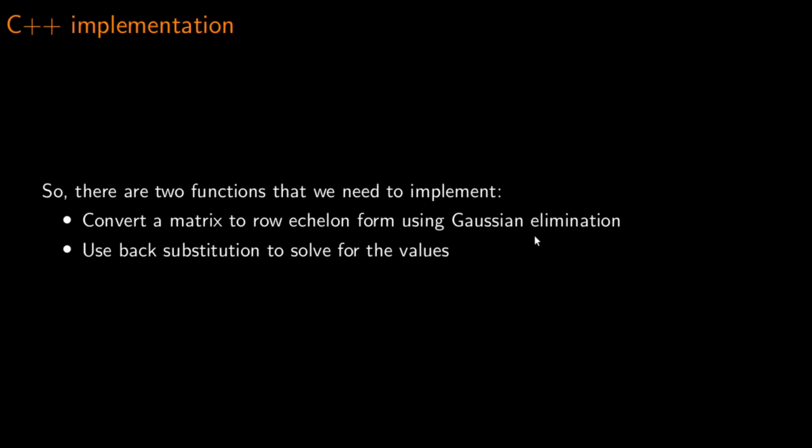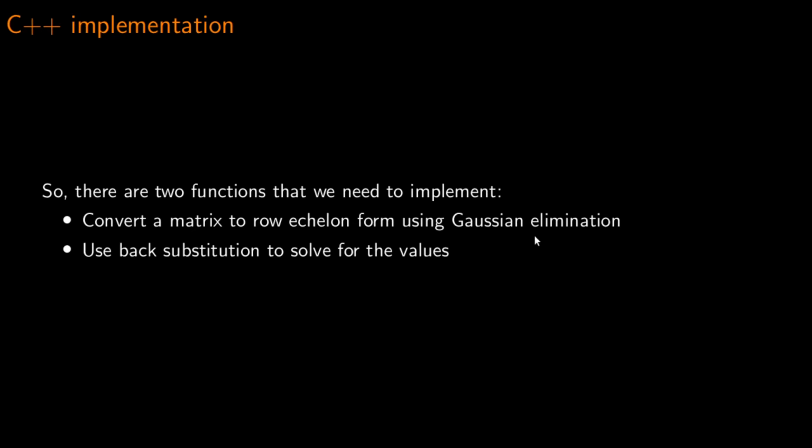We need a function that will convert a matrix into row echelon form using Gaussian elimination. Now note that this is slightly different to the inverse function that we created before. We've already implemented Gauss-Jordan elimination for the purposes of calculating the inverse of a matrix. And this will have to be a separate function because we only want to do Gaussian elimination. We're not going to take it as far as the full Gauss-Jordan elimination for computing the matrix inverse.